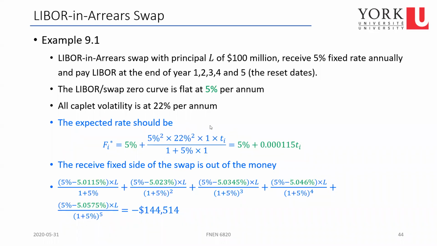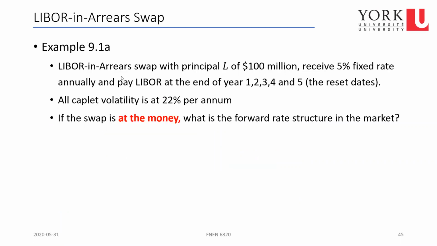Now this question can actually be turned around and presented in a different way. Suppose we have an alternative question. We have a LIBOR in arrears swap with the same notional, 100 million, receive 5%, paid at the end of years 1, 2, 3, 4, 5. Volatility is 22%. If we say that the swap is at the money, then we ask to calculate what the forward rate structure is in the market. In the earlier question, the swap is not at the money.